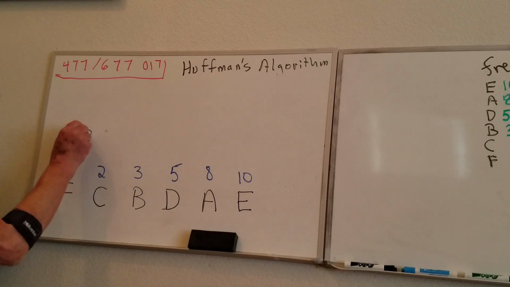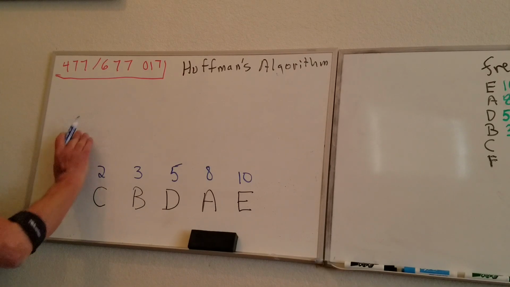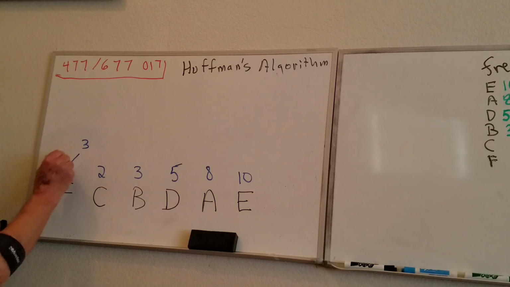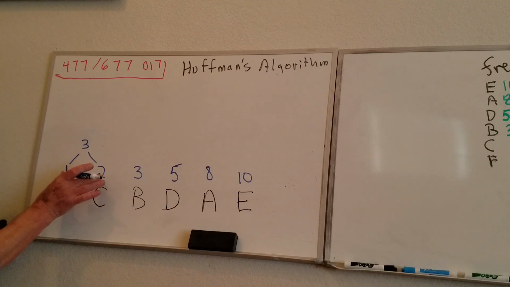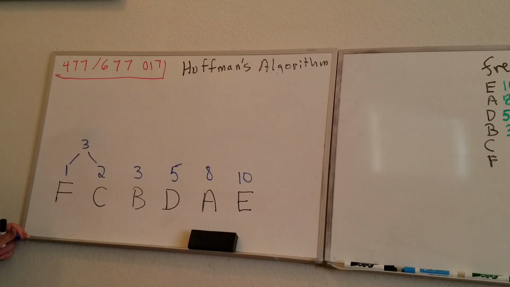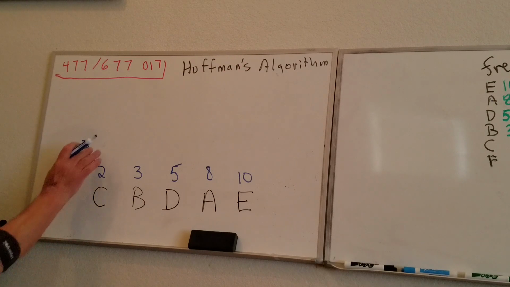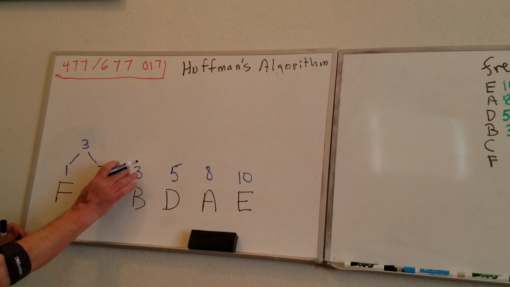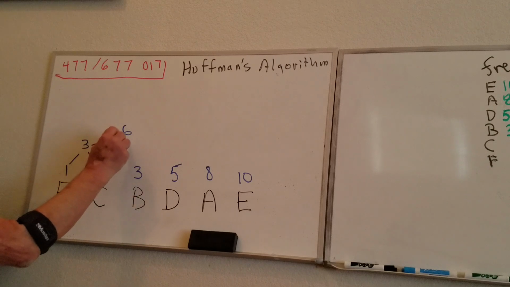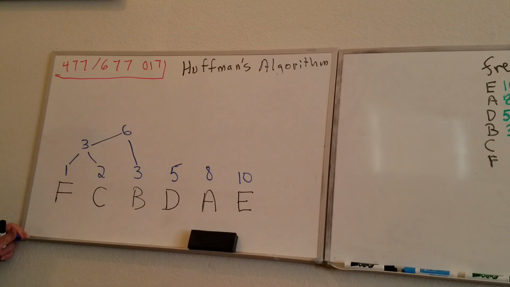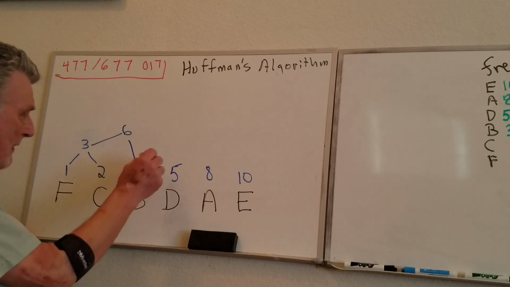And we combine elements together to form internal nodes. So we take the two smallest nodes that are still available and combine them to form an internal node here. Now at this point, the nodes 3 and 3 are available, and we can combine them to form a node of value 6.